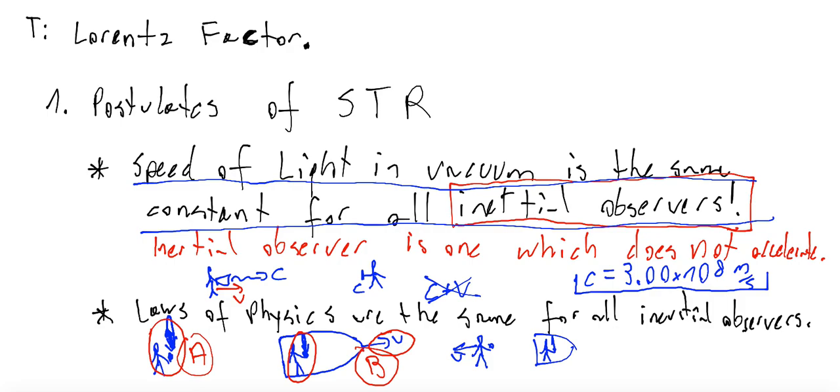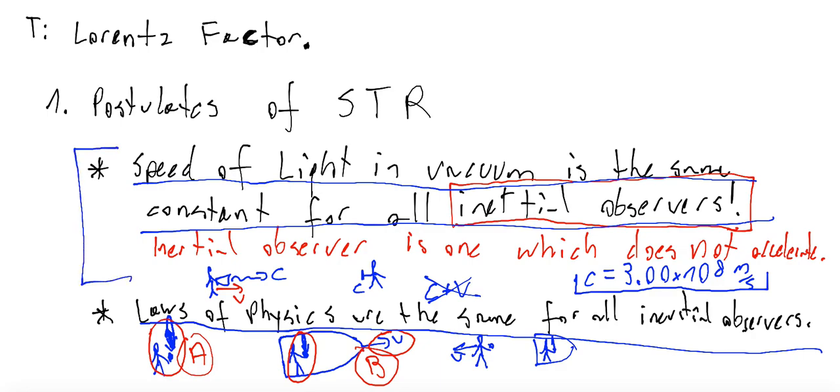So what is important is that the special theory of relativity is based on these two principles. First, the speed of light in vacuum is the same constant for all inertial observers, and second, the laws of physics are exactly the same for all inertial observers.